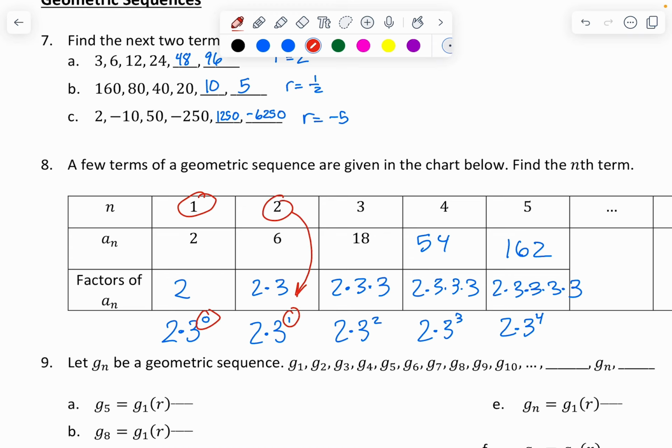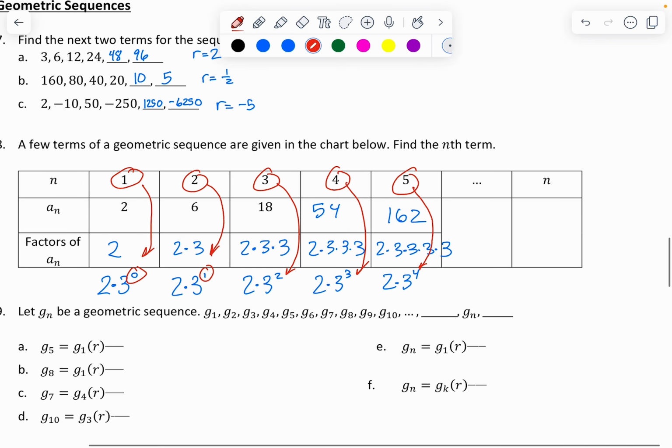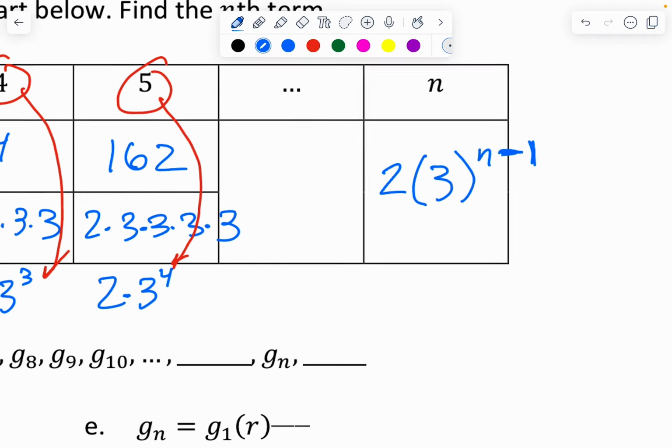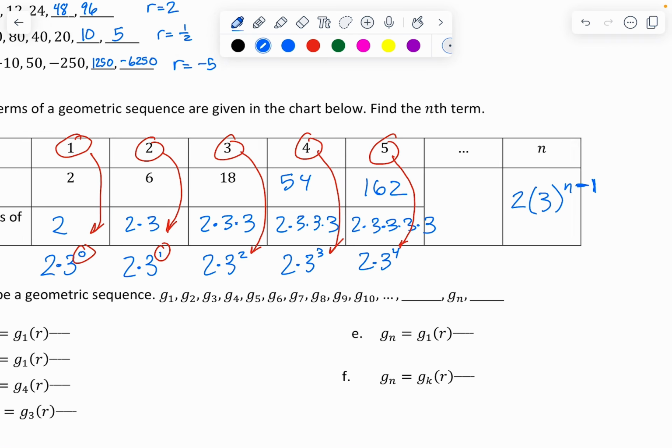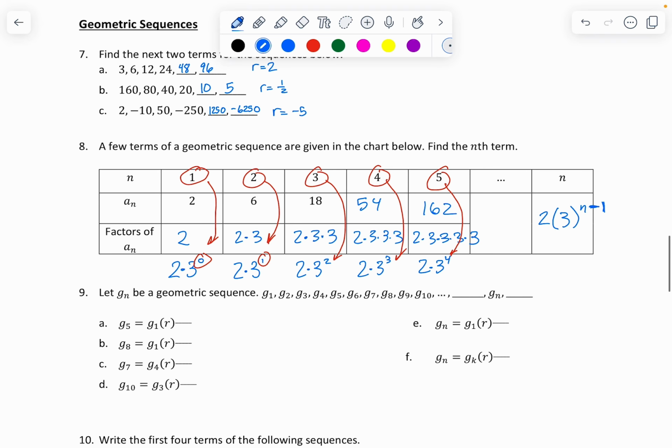If I take this number up top and subtract 1, I get the number that's in the exponent. Okay, and so now my general form is I started with 2, and I multiplied it by 3 to the n minus 1 power. Okay, so there we go. That is our nth term of that particular problem.